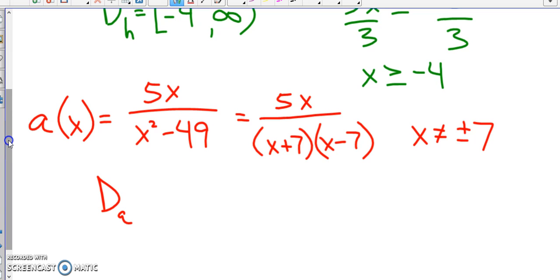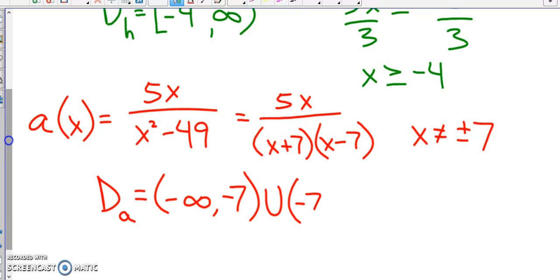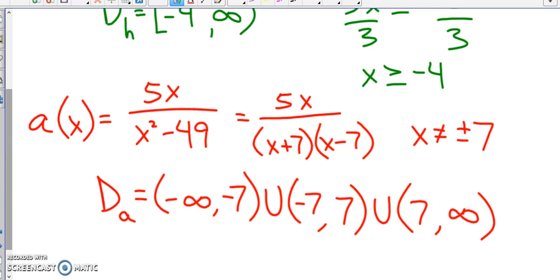So the domain of A would be equal to what? All right. Very good.